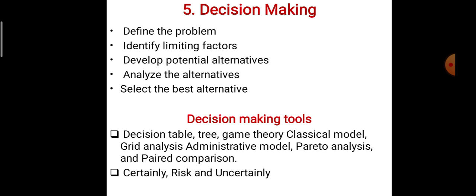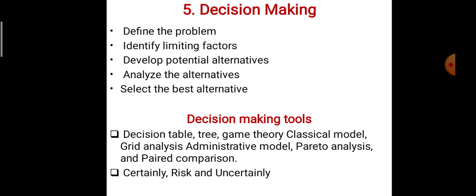We discuss certainty first. When decisions are made under certainty, the manager has perfect knowledge of all the information needed to make the decision. This condition is supposed to be the ideal condition for problem solving. The challenge here is to understand the alternatives and choose the best solution among them.